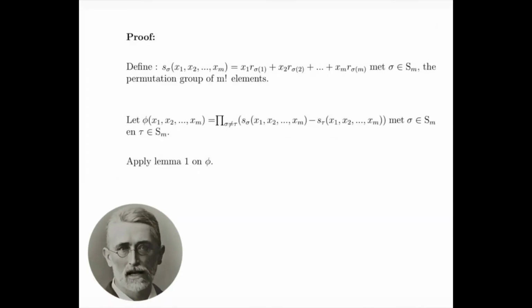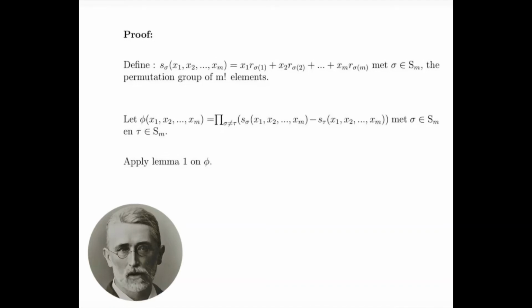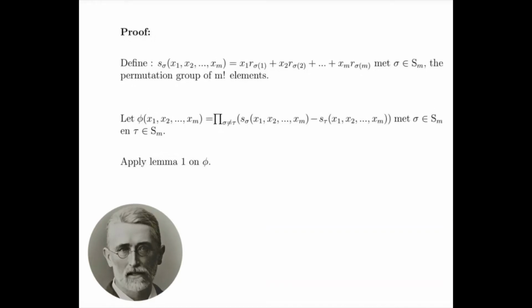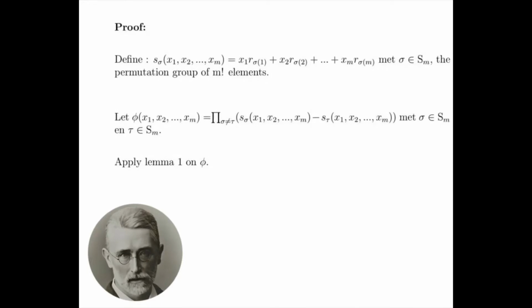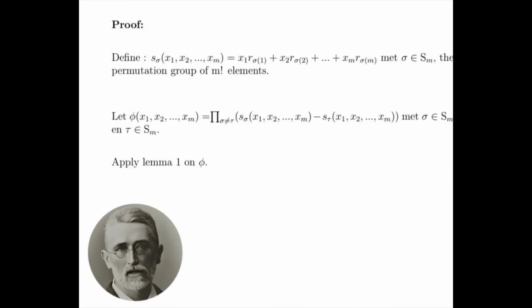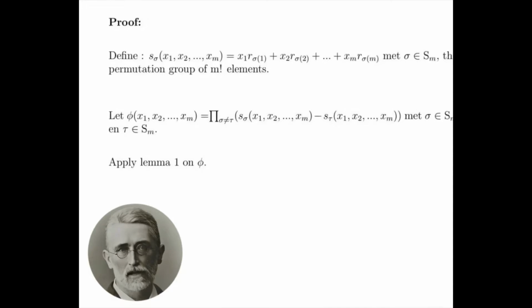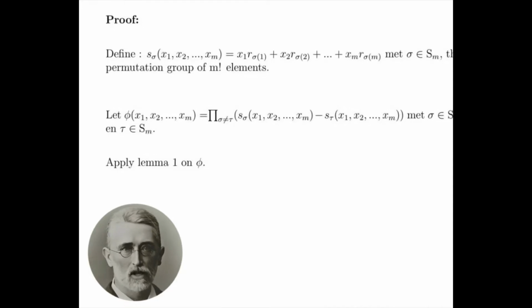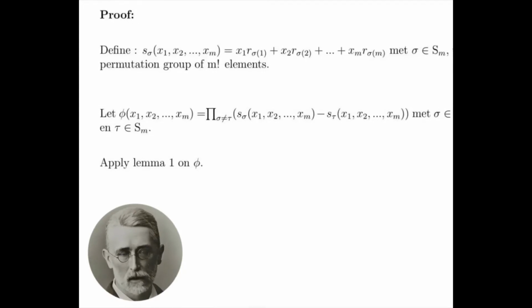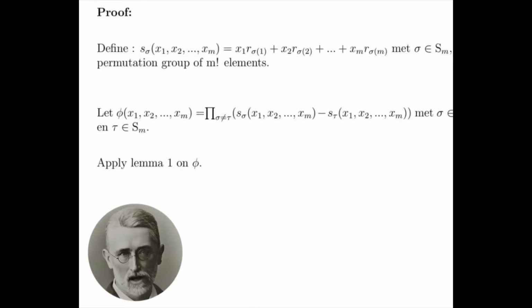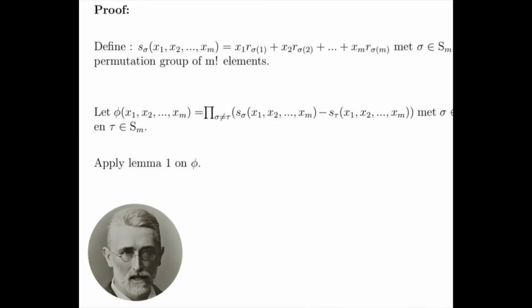The proof goes by using lemma 1. We first define the sum function S, using a permutation sigma of the permutation group. Then we make the product function of the differences. The differences are not 0, so the product function is also not 0. We apply lemma 1 to the product function. You can read it in the picture below.